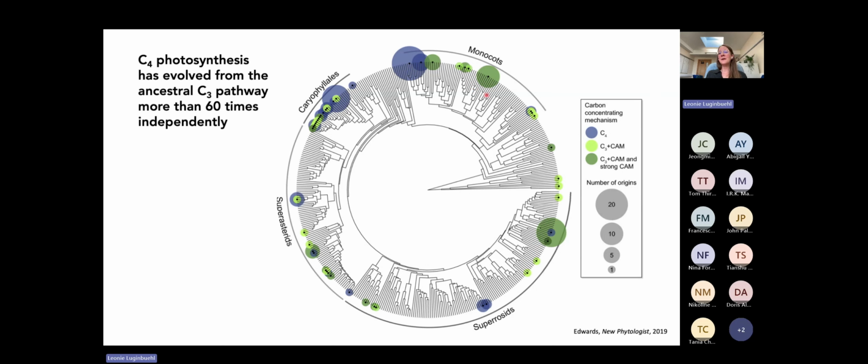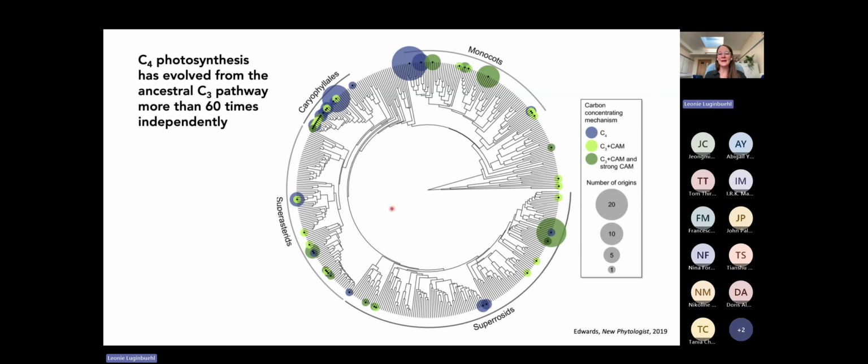And so what we know is that, in fact, the C3 plants, they already contain all of the genes that are necessary for C4 photosynthesis. The only difference, or one of the main differences, is how these genes are regulated to achieve a C4 cycle.